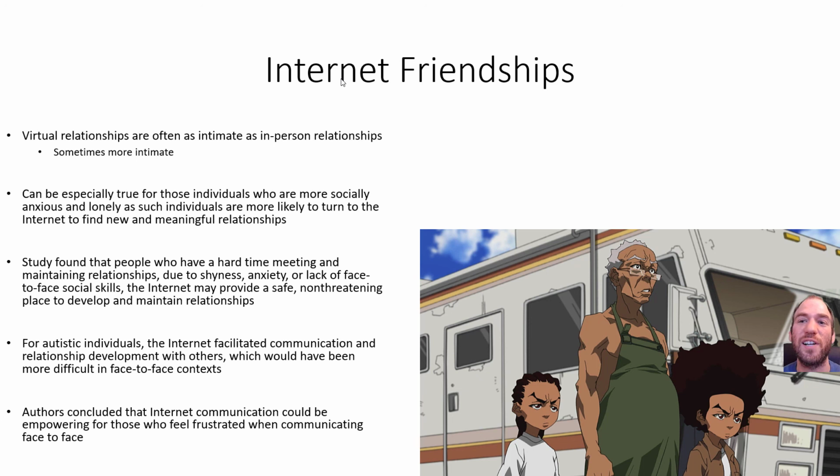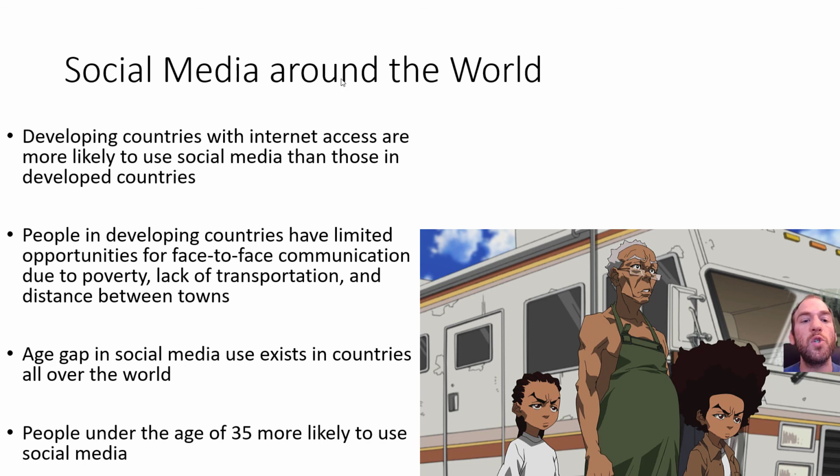So a trajectory of getting too online and losing my mind and maybe developing antisocial viewpoints or something along those lines. The point is that the internet provides opportunities for relationship development, both positive and negative. Developing countries with internet access are more likely to use social media than those in developed countries.